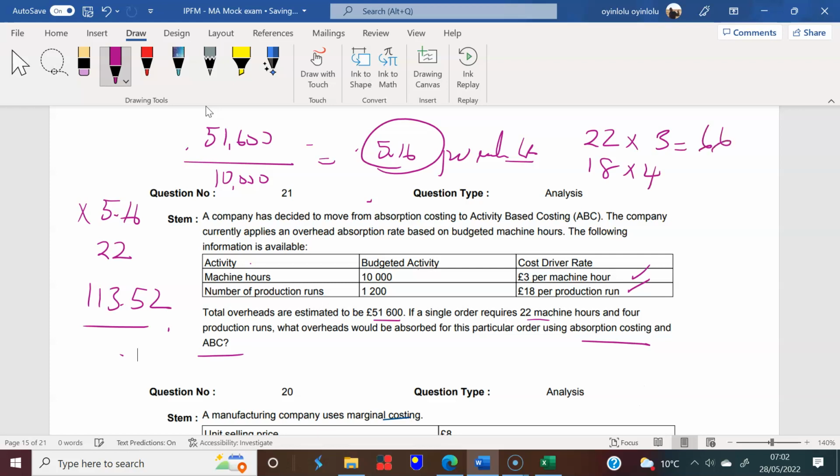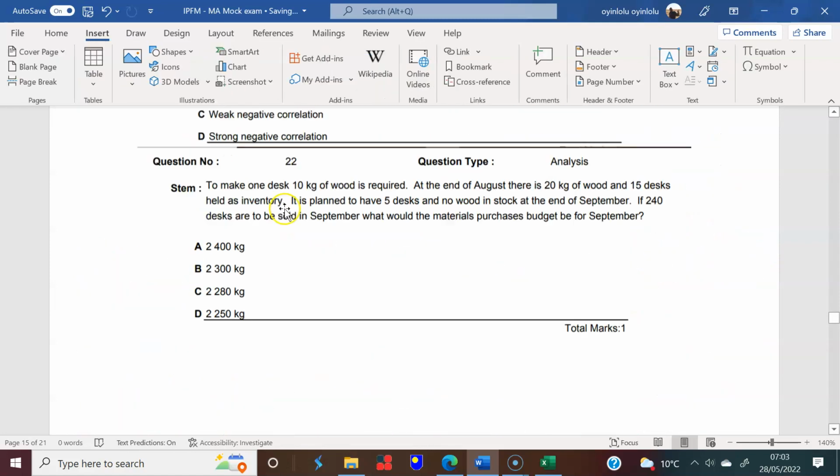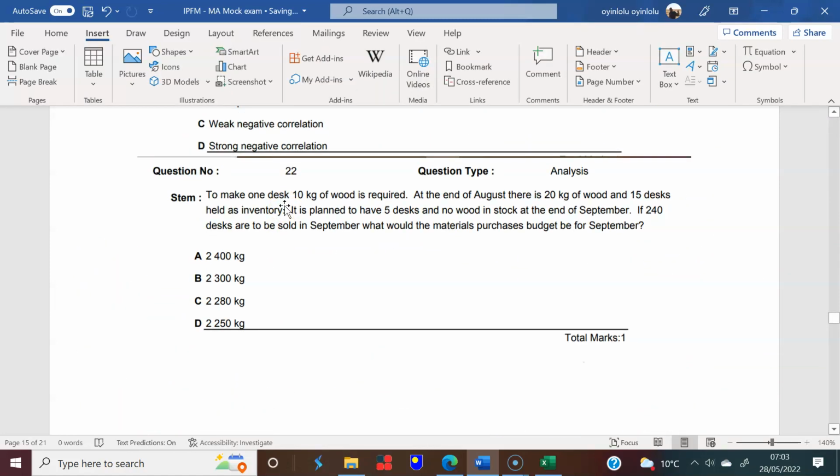So you have 66, and then you have 72, and so you have a total of £138 for ABC. So you have ABC at 138, and traditional absorption costing at £113.52.